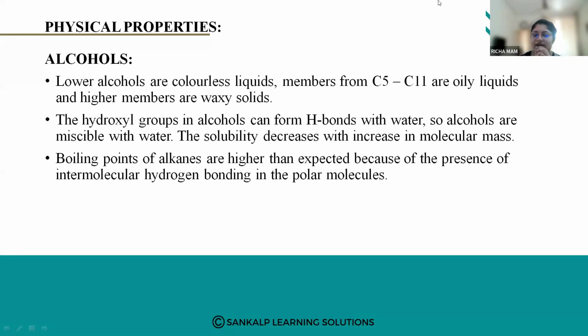So the first physical property we are discussing is the boiling point. Let us discuss the boiling point of alcohols and phenols. The boiling points of alcohols and phenols are higher as compared to other organic compounds having similar molecular mass.